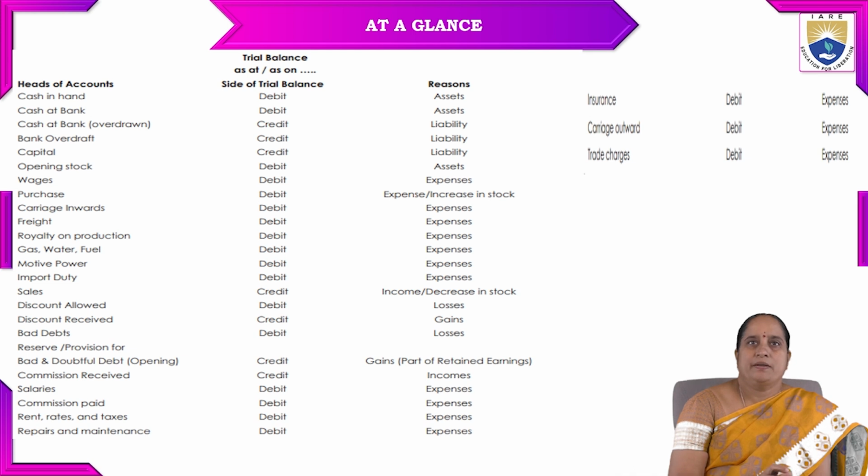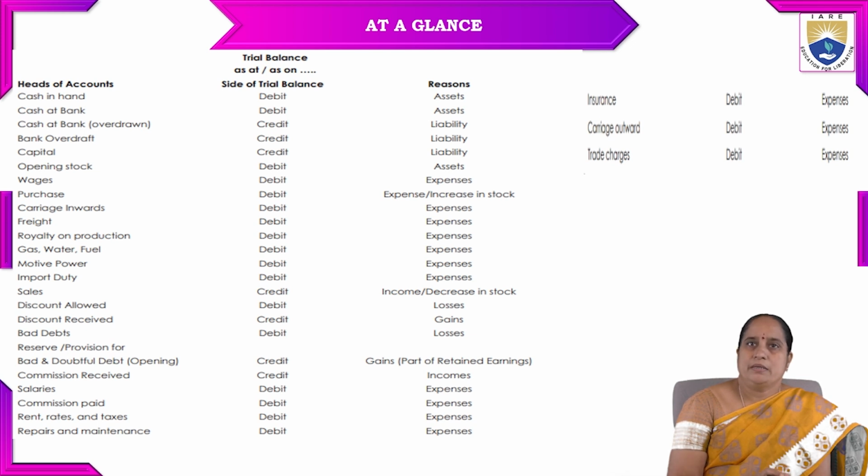Purchase, debit side because it is an expense or increase in stock. Carriage inwards, debit side as it is an expense. Freight, debit side, expense. Royalty on production, debit side, expense. Gas, water, fuel, that is also an expense. So all the expenses should be mentioned on the debit side.